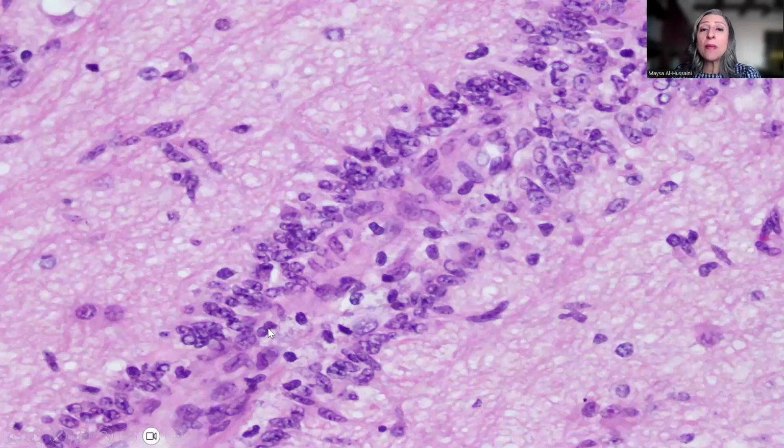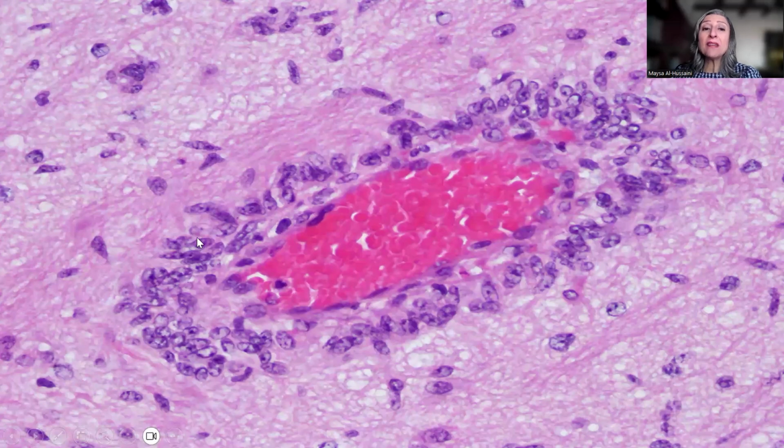And on high power magnification, this is the vessel, and the vessel is wrapped very tightly, cuffed by the tumor cell nuclei, which are either perpendicular or sometimes even parallel to the lumen or to the wall of the vessel. And we can see this pattern repetitive over and over in almost all vessels that are identified within the tumor.